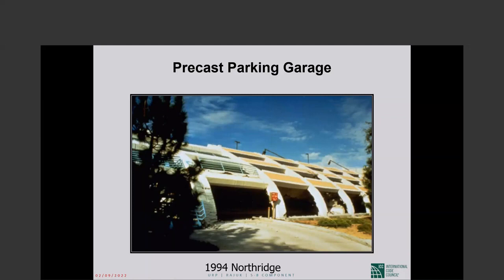So all these rules that we went over are the result of learning from many earthquake experiences. I can assure you that they give you structures that perform. There is a huge difference between pre-1973 concrete and the concrete we are building today.